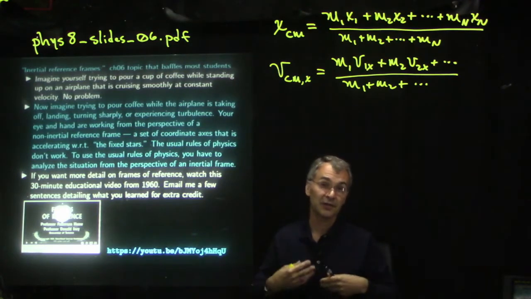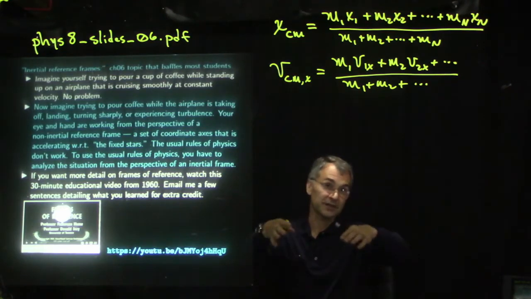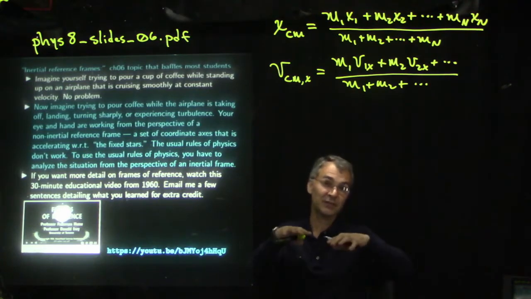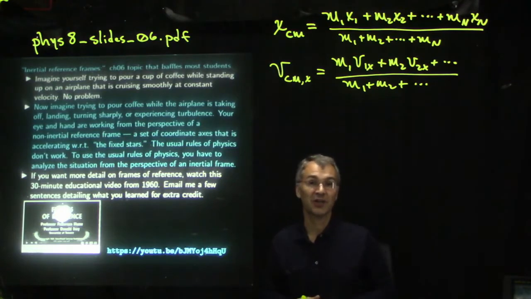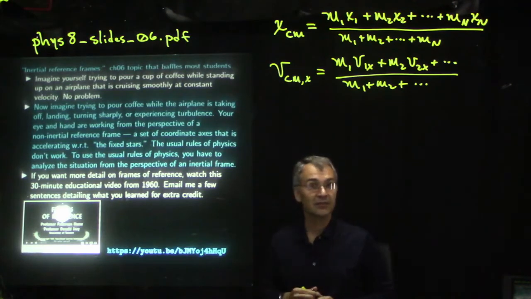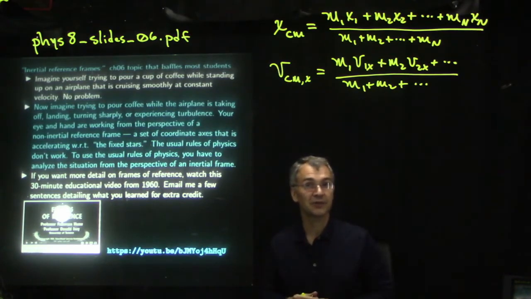But anyway, for the problems that we'll solve in this course, the sidewalk in front of the building is an inertial reference frame. So anything which is not rotating or accelerating with respect to, say, the sidewalk in front of the building is usually, for our purposes, an inertial reference frame. But sometimes you have to step back and say, well, is it really inertial? Is it really not rotating, not accelerating with respect to the distant stars?